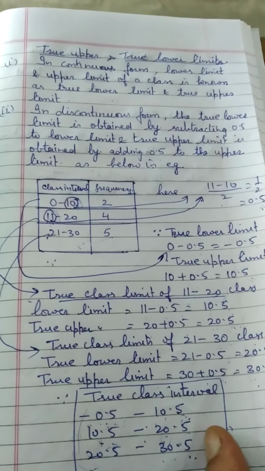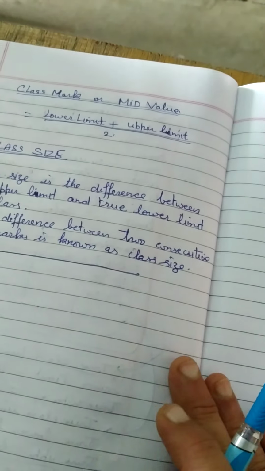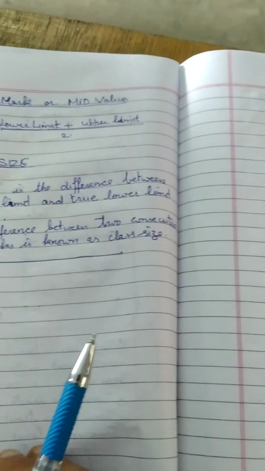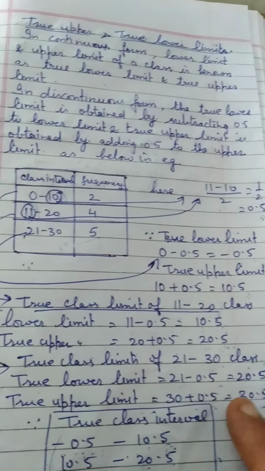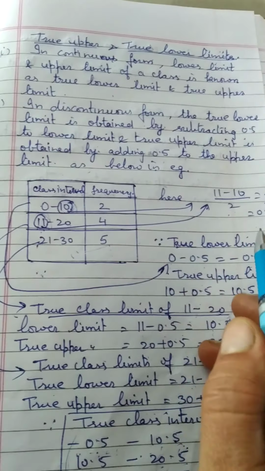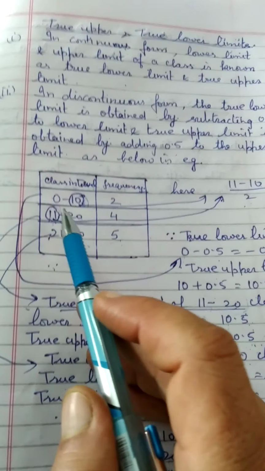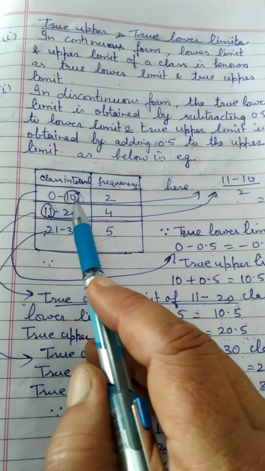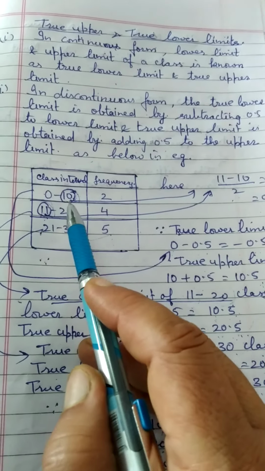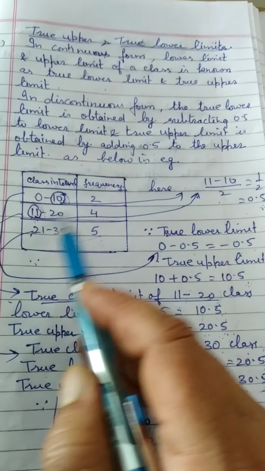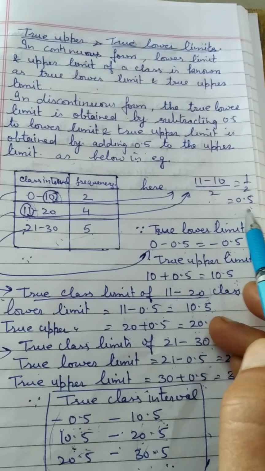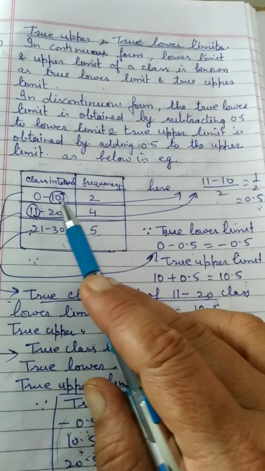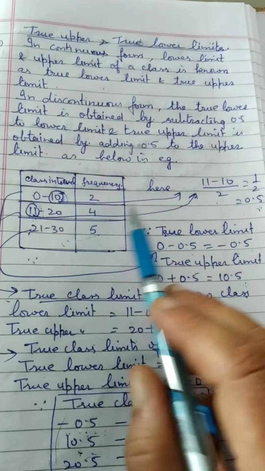It is a very important topic. Once again I can tell you how we convert a discontinuous class interval into a continuous class interval. First of all, we will subtract the upper limit of the first interval from the lower limit of the second interval, and we get the difference, which is divided by 2, and we get 0.5 here. In this case, it can be different in other cases.